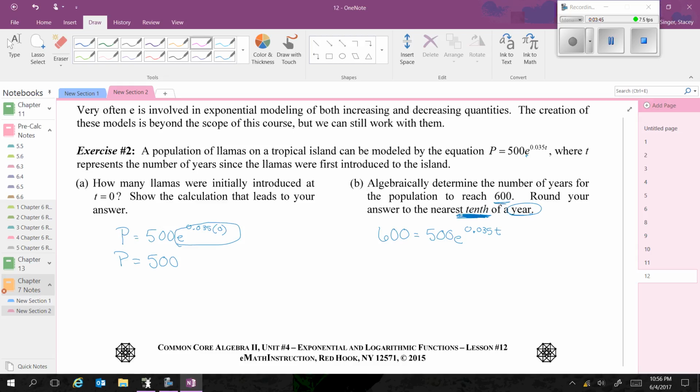So I want to get rid of 500 first. If I divide 600 by 500, I would get 6/5 equals e raised to the 0.035 t. So again, I'm solving for an exponent, so I could take the log of both sides.